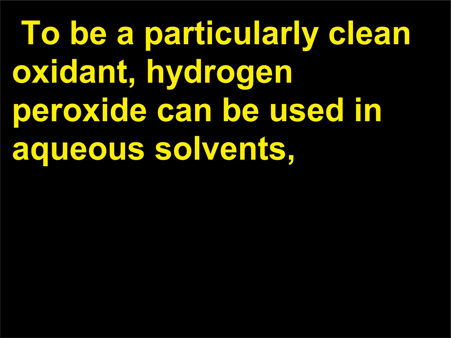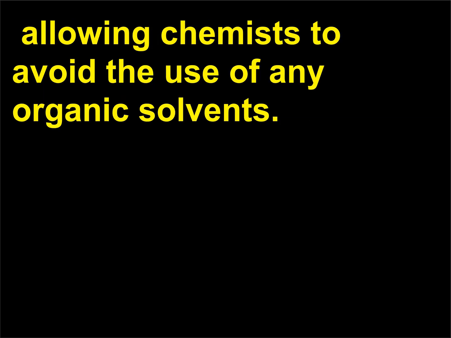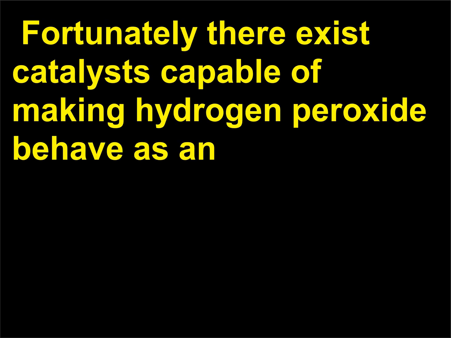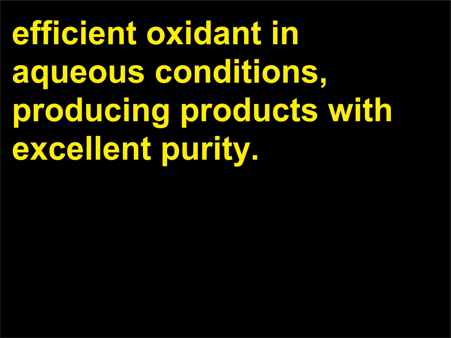To be a particularly clean oxidant, hydrogen peroxide can be used in aqueous solvents, allowing chemists to avoid the use of any organic solvents. Fortunately, there exist catalysts capable of making hydrogen peroxide behave as an efficient oxidant in aqueous conditions, producing products with excellent purity.